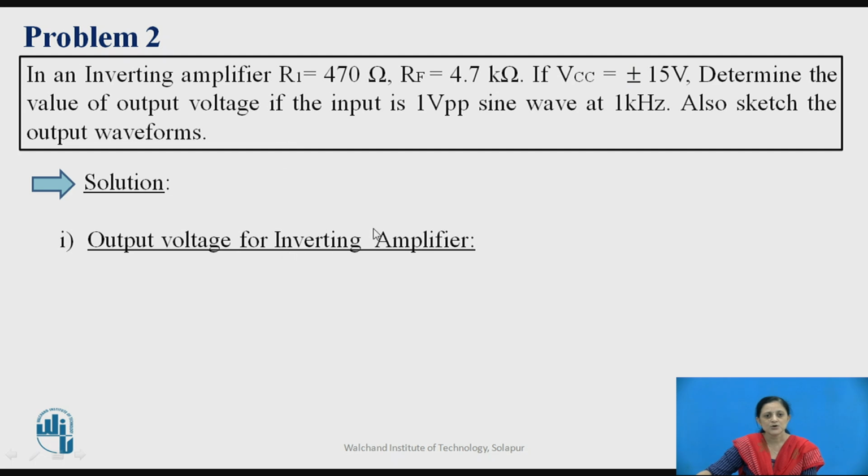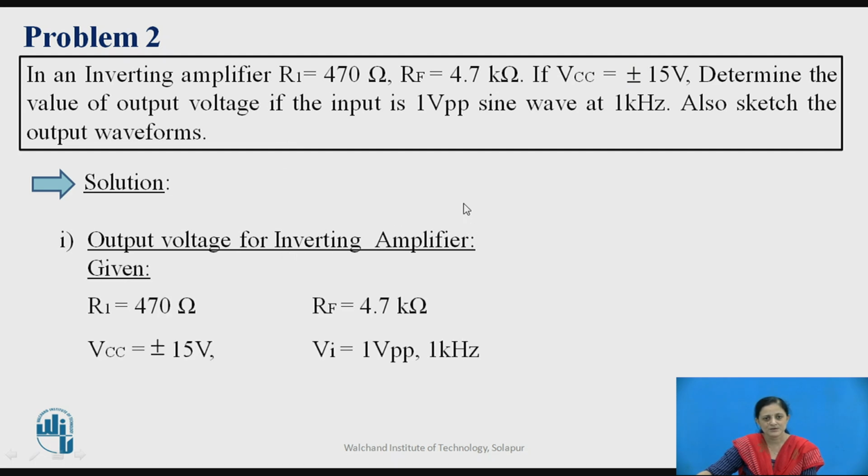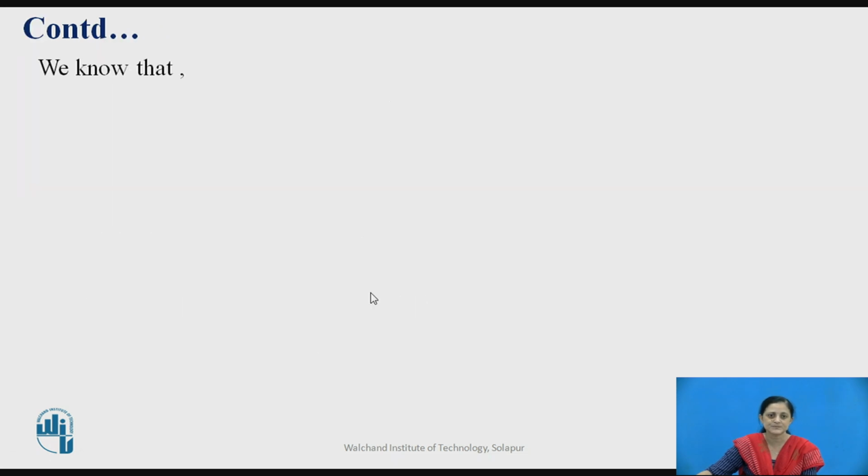Now let us find out the output voltage for the inverting amplifier. The given values are R1 equal to 470 ohm, RF is 4.7 kilo ohm, supply voltage is plus minus 15 volt, and the input is a 1 volt peak to peak sine wave with frequency equal to 1 kilohertz.